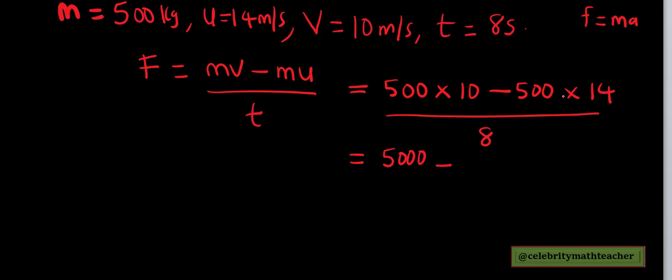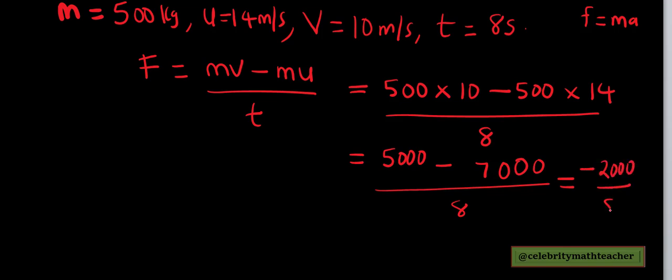If we multiply these two, we have 7,000 divided by 8. We're going to get negative 2,000 divided by 8. That's the force. So finally, force is equal to negative 250 newtons when we divide this.